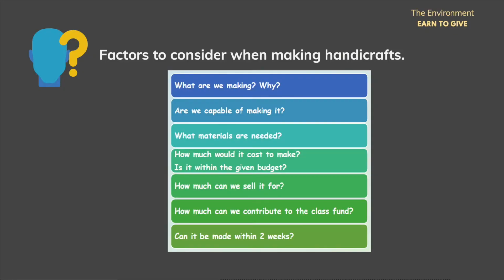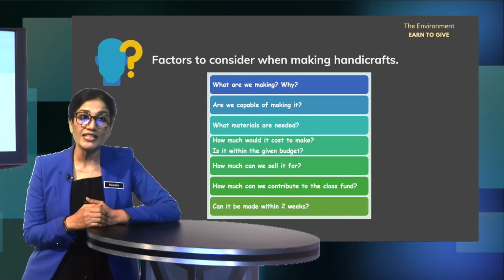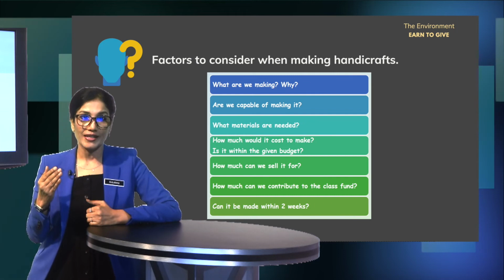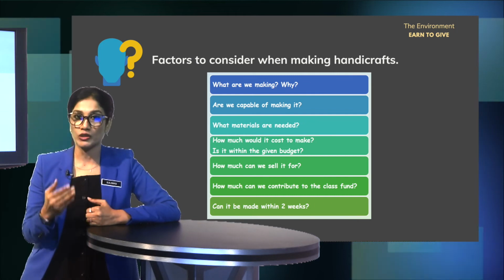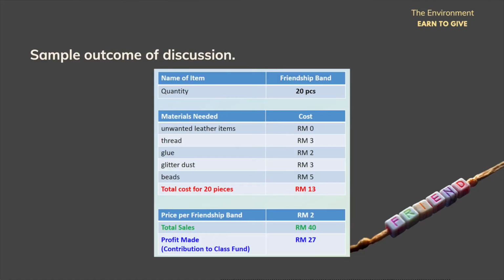She gives them factors to consider in making the handicrafts. Pupils discuss based on the factors given and present the outcome of their discussion to the class. The completed outcome of the discussion may look like this.